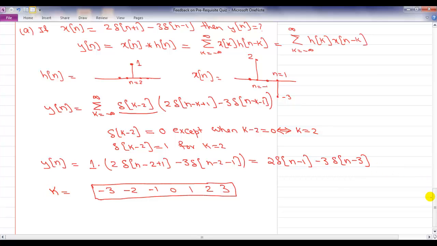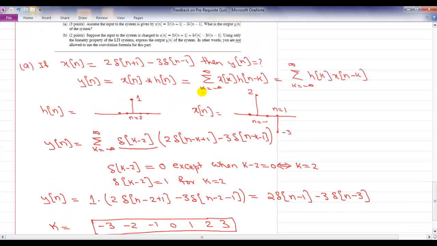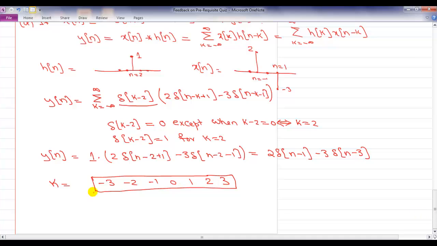So I'm going to use this version of the convolution formula where I am fixing x, and I'm going to first flip h and then slide it. Okay. So what is x of k? Under this, I'll just write down the values. So x is 2 for n equal to minus 1, and minus 3 for n equal to 1, and it's 0 everywhere else.